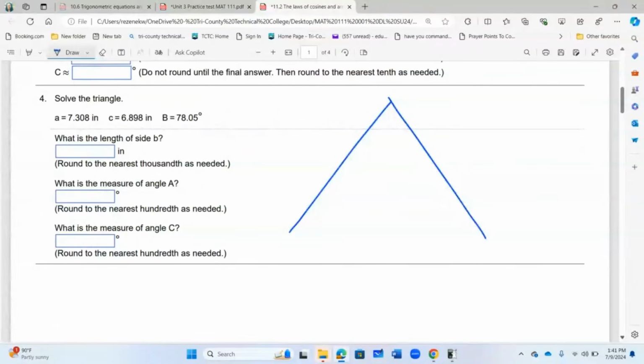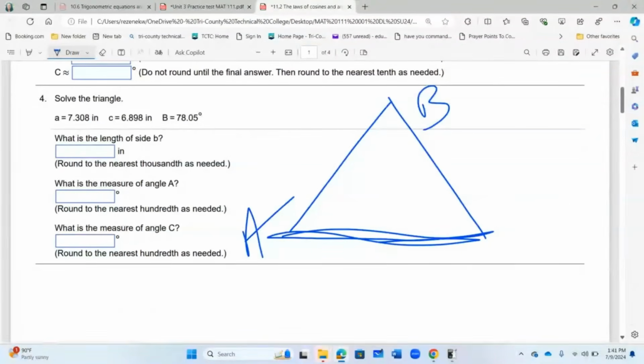Label the triangle: A, B, C. Side A is equal to 7.308 inches.